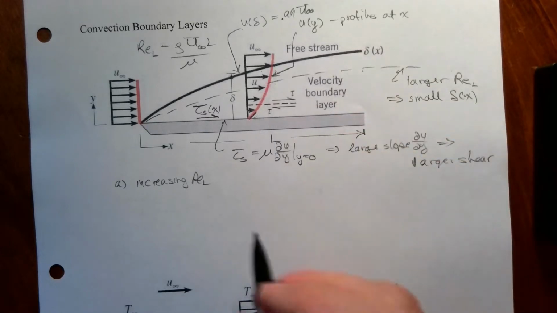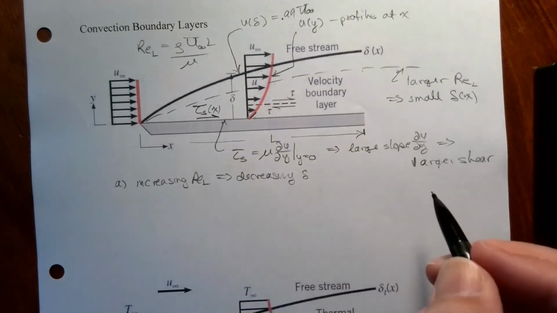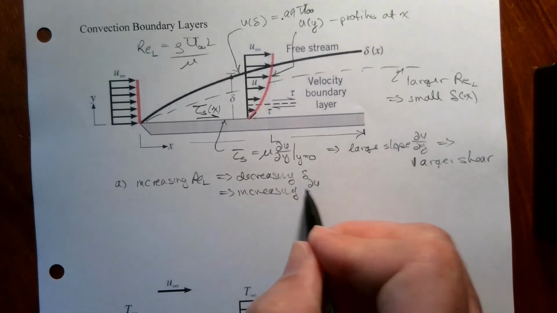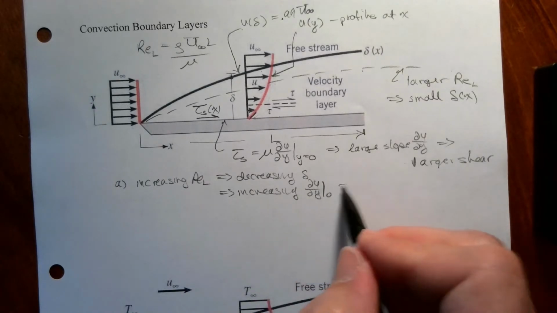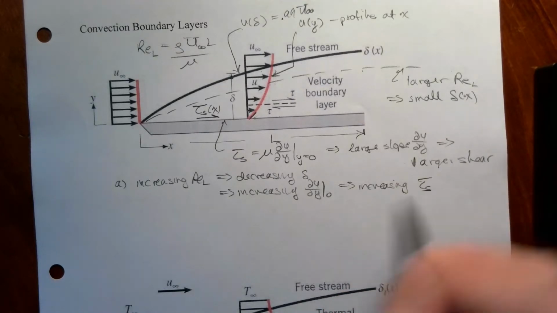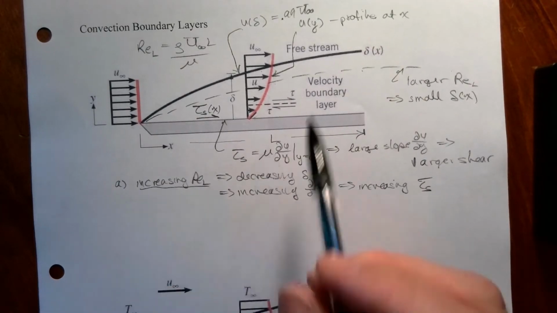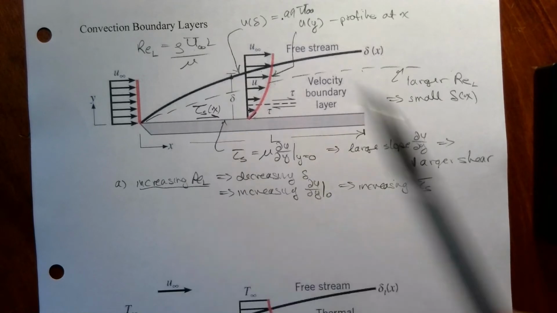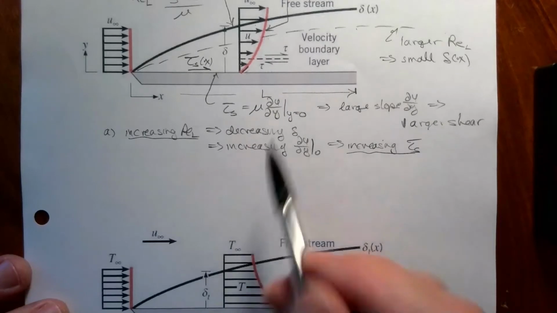So increasing the Reynolds number implies decreasing delta, which is then increasing that gradient at y equal to 0, which will then increase tau surface. So in increasing the Reynolds number, you can do that several ways, but one is by increasing the velocity here. If I increase that velocity, we are then increasing the shear stress and thus the ultimate drag force on the plate.